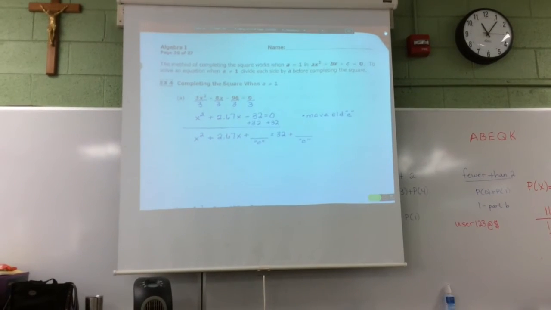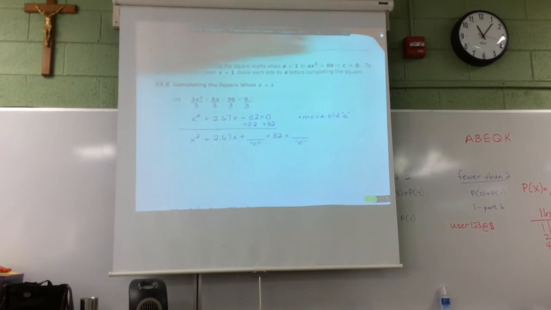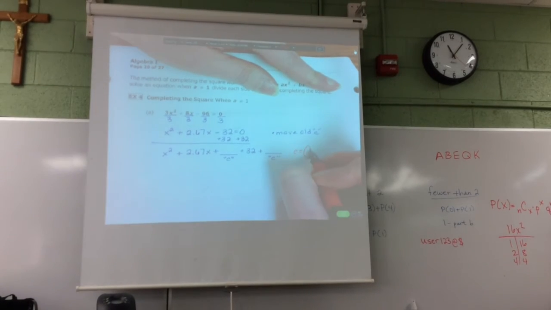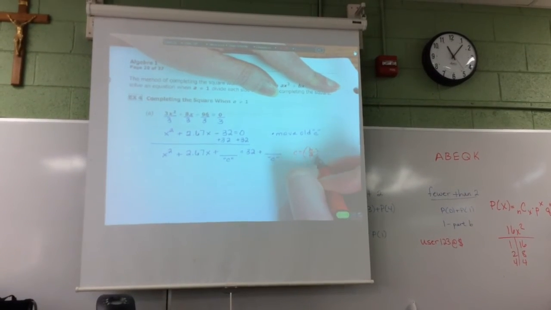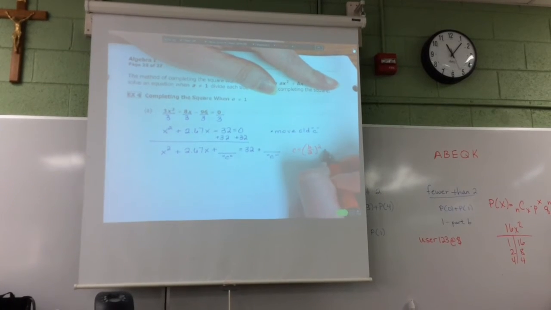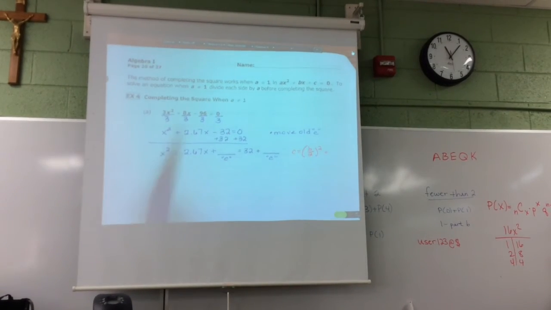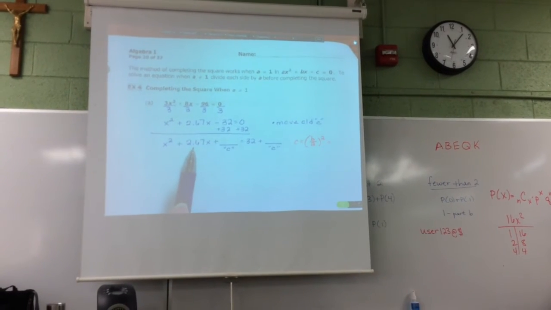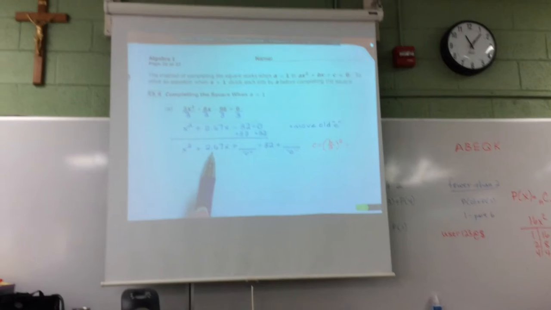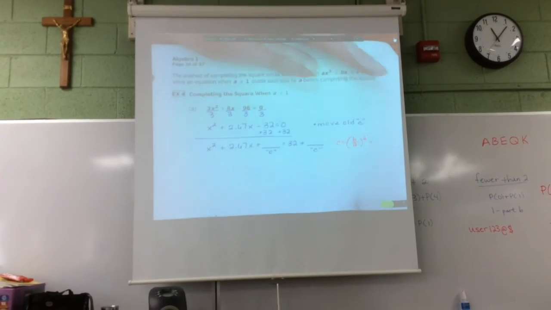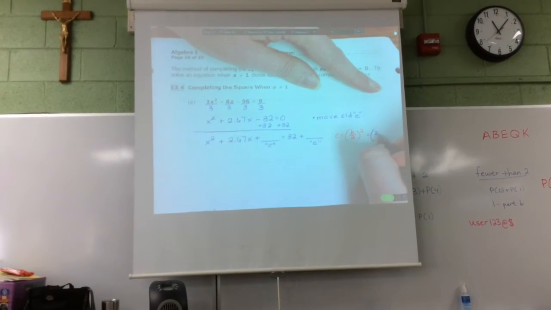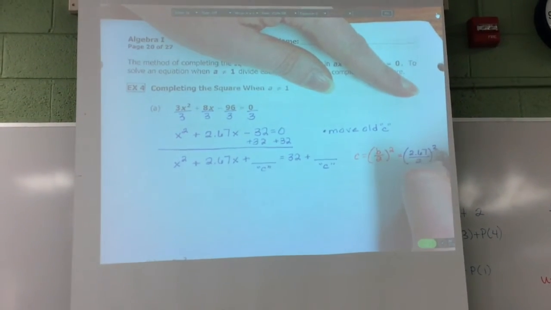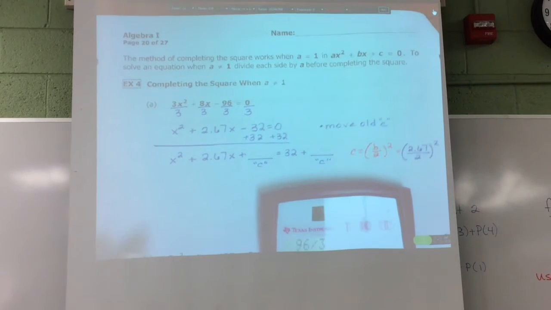Okay? And so now we need to calculate c. So let's go over here. C equals b divided by 2 squared. Now, when we're doing this, we don't want to take this b, the 8. We want to take the new b that we got after we divided everything by 3. So this is going to be 2.67 divided by 2 quantity squared. So here's what I've got.